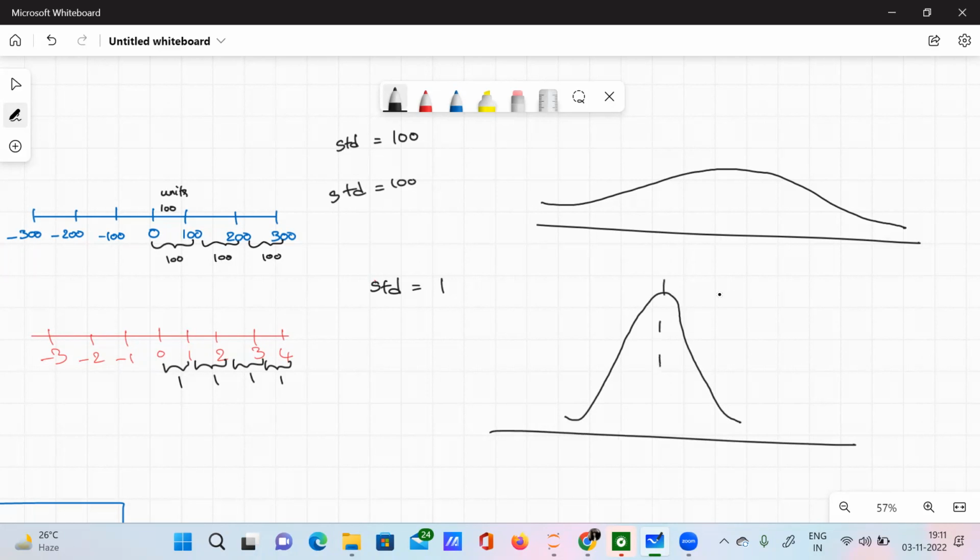This would be your mean here, and all the values will become 0 at the mean. And here the values would be 1, 2, 3, 4, and so on. Here the values would be -1, -2, -3, -4, and so on.